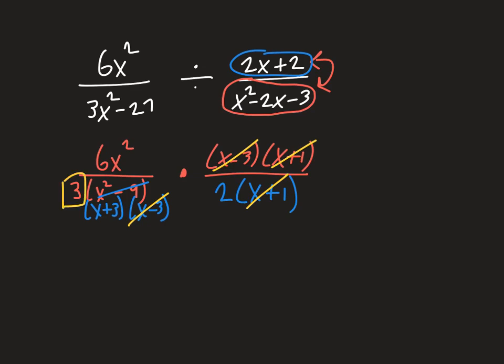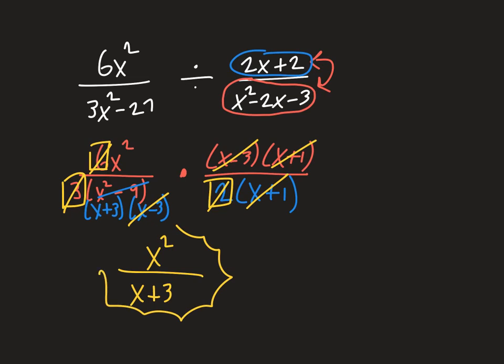There's a 3 and a factor of 2, so that really multiplies to be 6. And there's a factor of 6 in the numerator, so those actually cancel each other out. They're all just gone, which is good. We like to reduce things. So our numerator, the only thing left is x squared. The denominator, it looks like the only thing left is x plus 3. Okay, so that would be our simplified version.